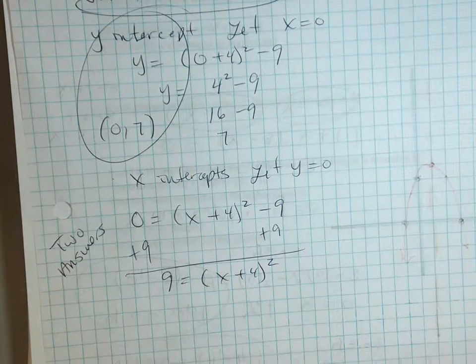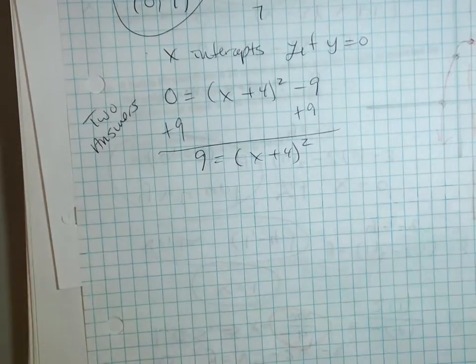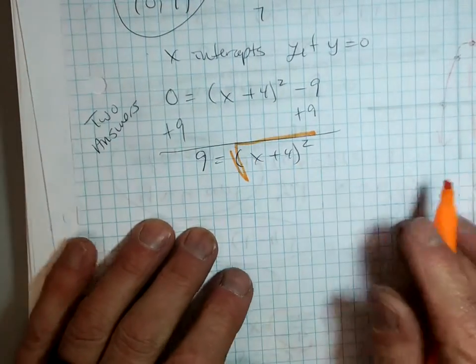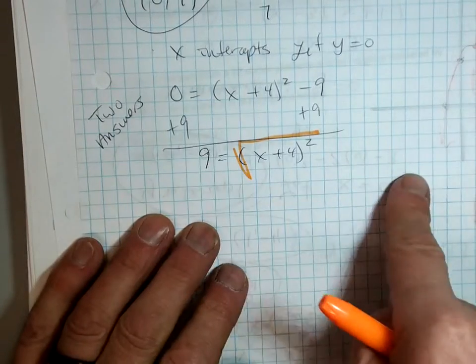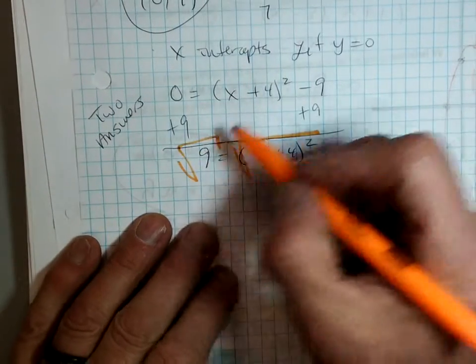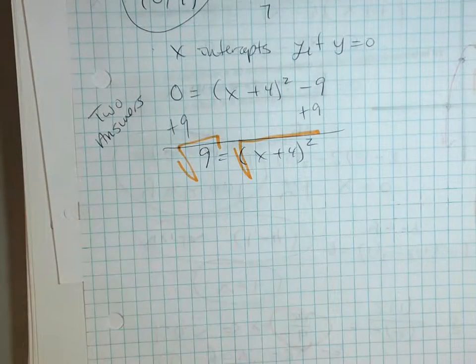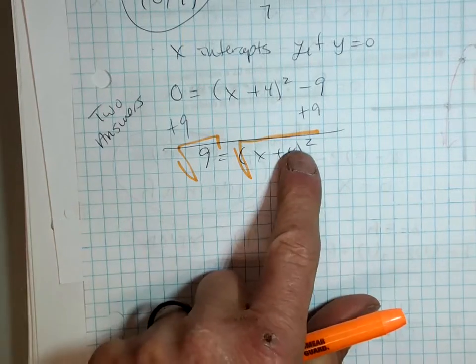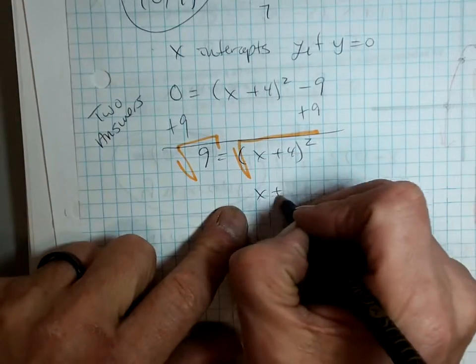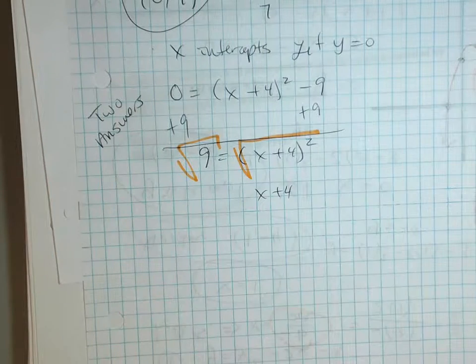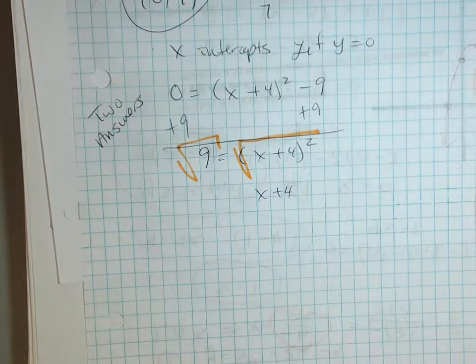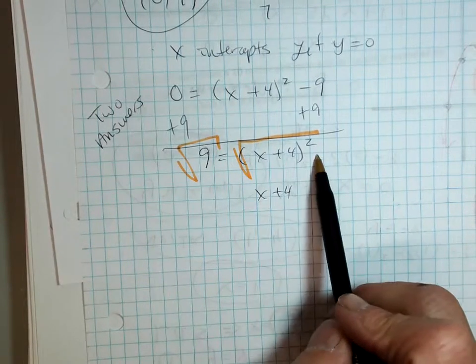Does that make sense? If I take the square root of this side, the square and the square root cancel each other out, but I also take the square root of this. So now I just have x plus 4. I don't even need the parentheses anymore, because the parentheses just hold the square, right?